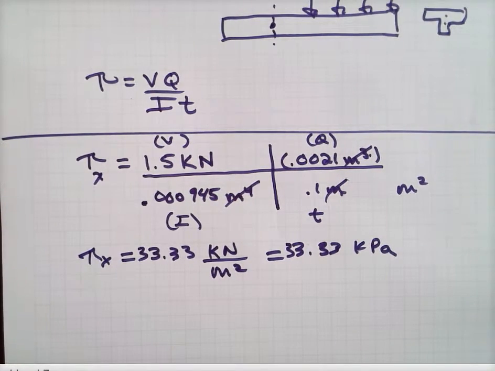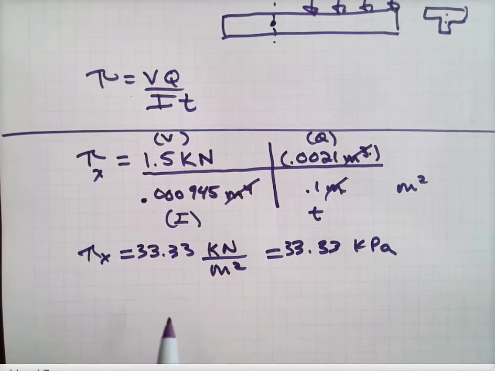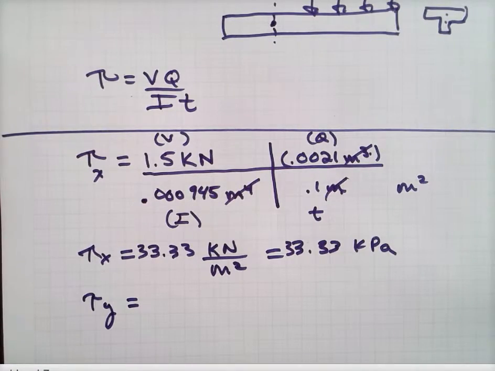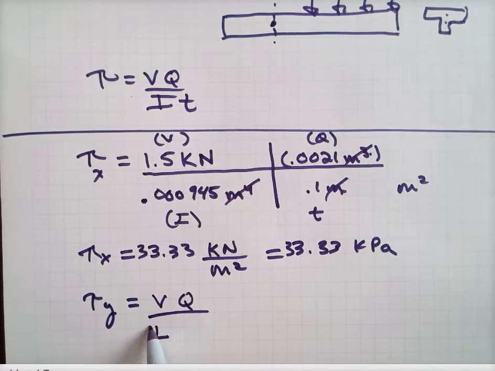All right. So what I'd like you to do now is I'd like you to do tau y. And I will put this back up. So it's VQ over IT.